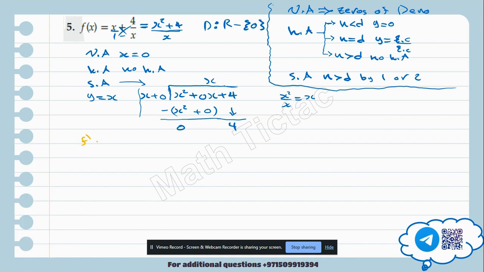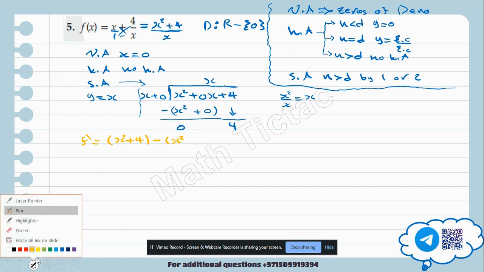So f prime is equal to, we have to find the derivative of that. So the derivative of the denominator, which is 1, multiplied by the numerator, x squared plus 4, minus the numerator. So it will be the denominator multiplied by the derivative, sorry.